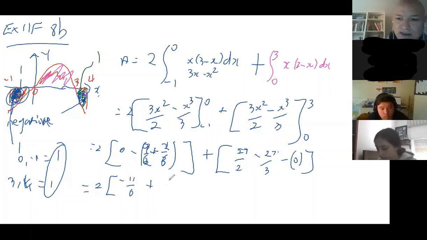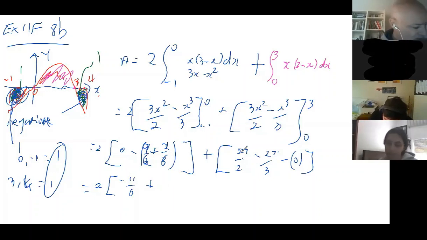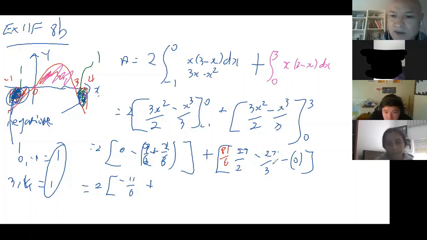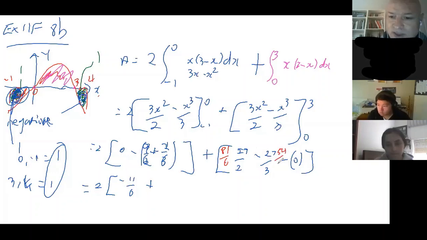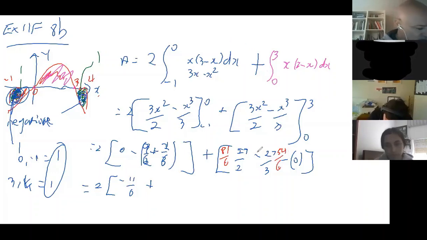Okay, plus this one here, times that by 3 is going to give me 81 over 6. Timesing this by 2 is going to give me 54 over 6, and that's zeros. Now, 81 minus 54 is 27.